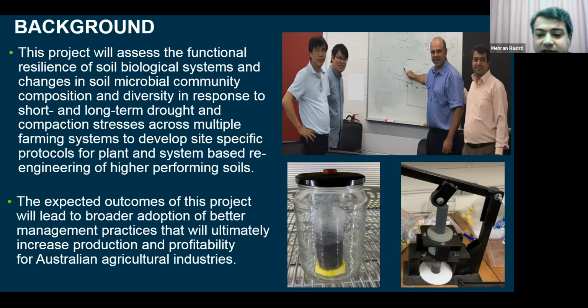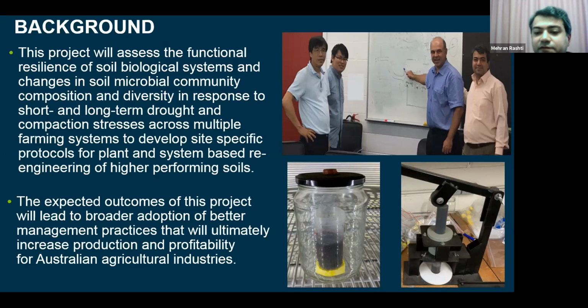Here you can see a small device that we designed for putting compaction into our soil systems. We're doing small incubation experiments. We have small jars, we put soil in our jars, and we apply compaction to them and replicate the compaction that happens in our farming systems. Then we can put them in different drought conditions.